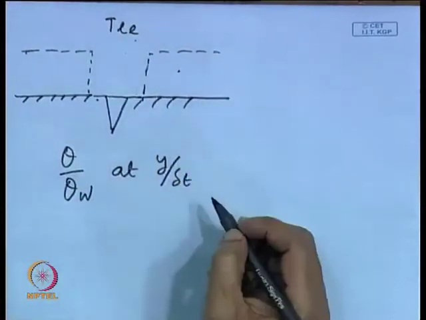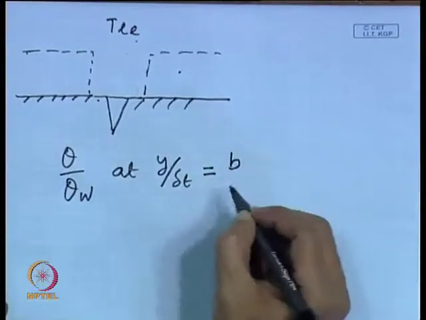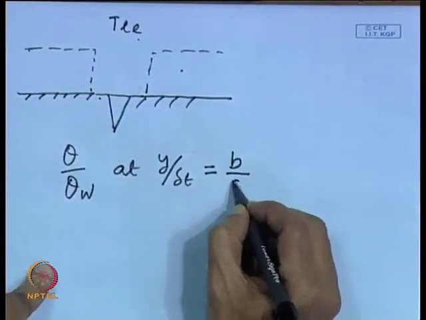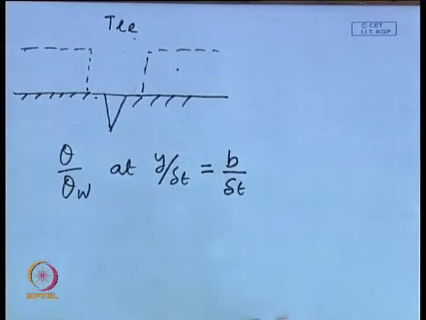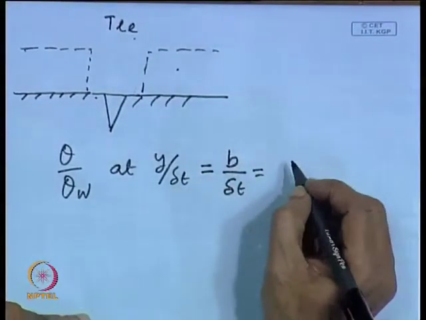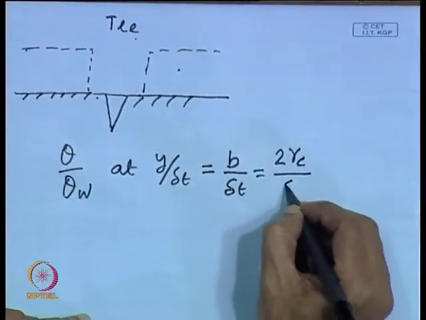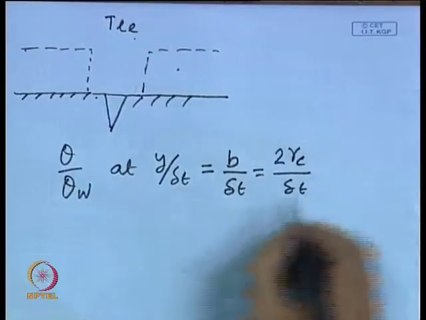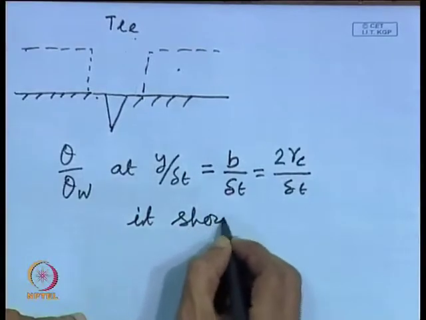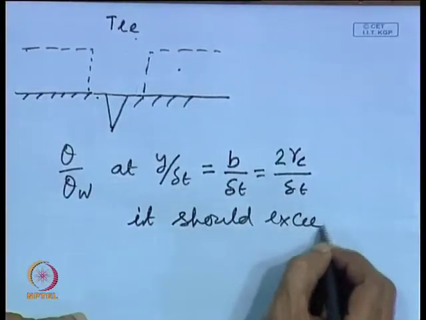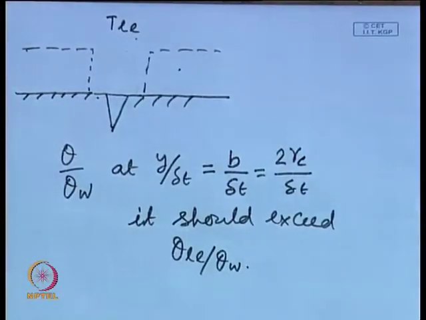That means within the boundary layer, the maximum value with respect to the bubble could be B by delta T, because the bubble height I have represented by B. So, this B is again related to twice R C by delta T, and that should exceed theta L E by theta W. So, this is what I would like to tell.